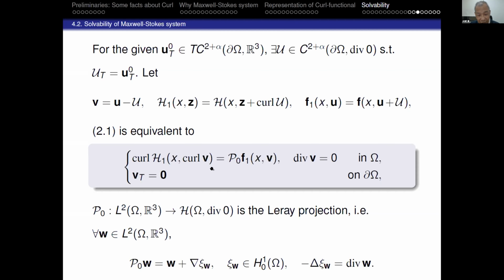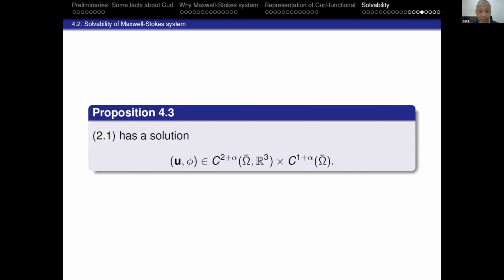And then you can write an equation in this form, and then use the operator method to show that this equation has a solution. And actually, if H and F are smooth, you can show that the solution is actually quite good. U is C2 plus alpha, and phi is C1 plus alpha. Phi has one order less regularity than U.